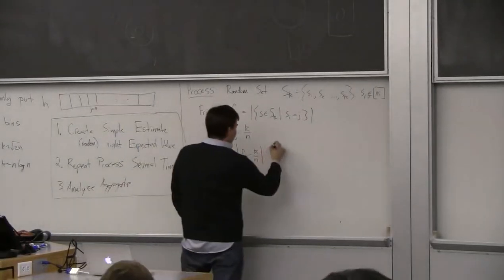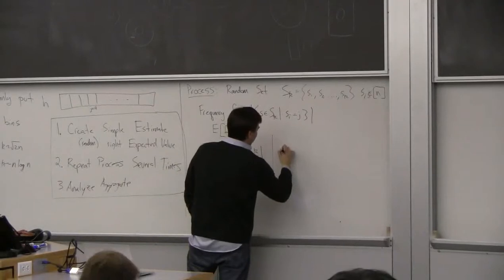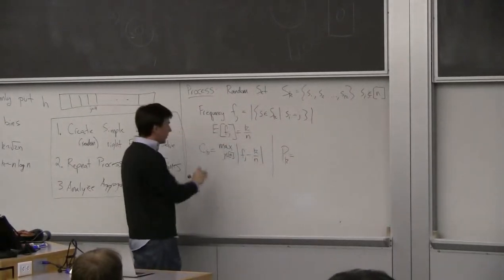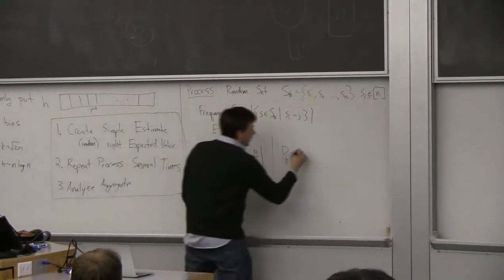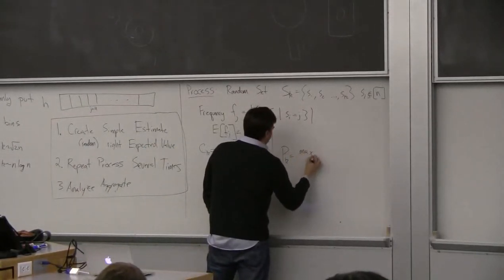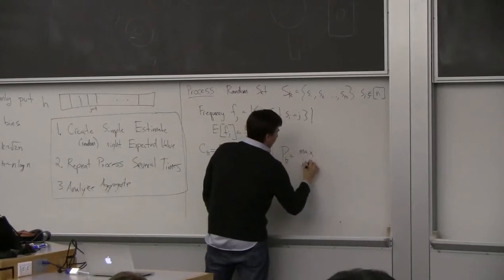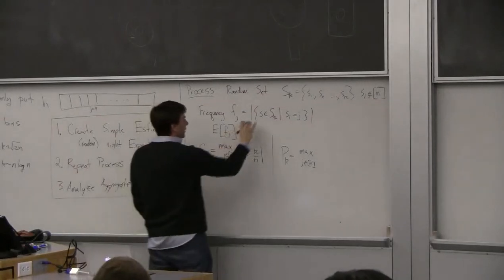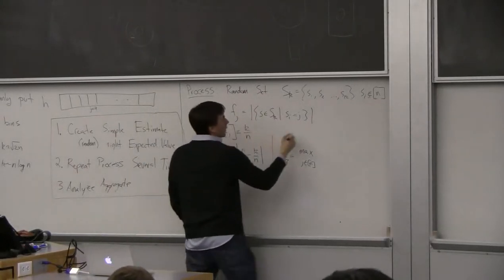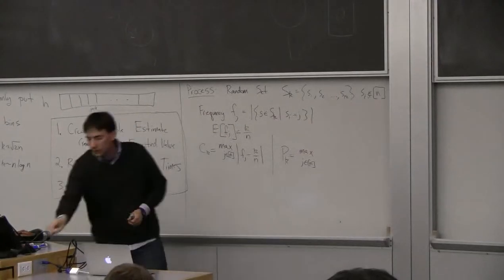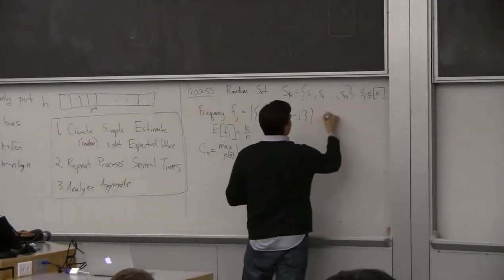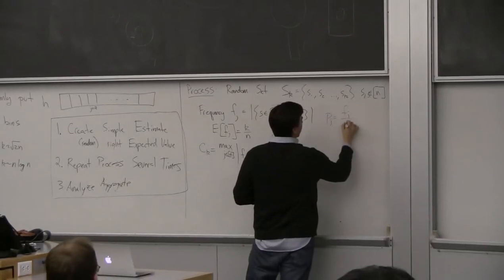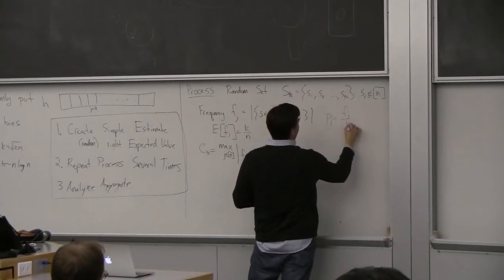The other way of doing this, I'll call P of k, and because this is more of a probability, I'm going to write down another quantity here as well. P of j is going to be F of j over k.